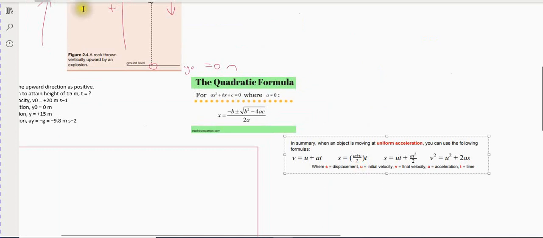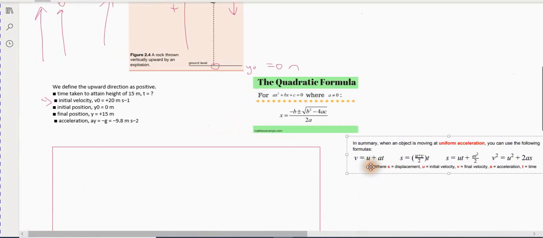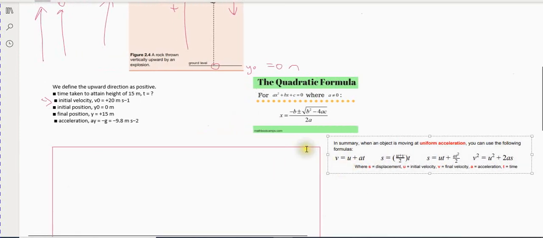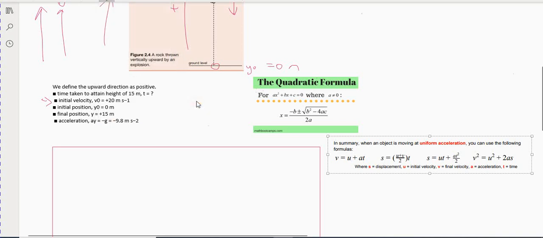Now, these equations of motion can be applied to both axes, meaning they can apply to both vertical motion and horizontal motion. So we are going to look at these equations now and see which one would best suit our problem here. That's something that you guys generally have to do: look at the equations and see what information you have.